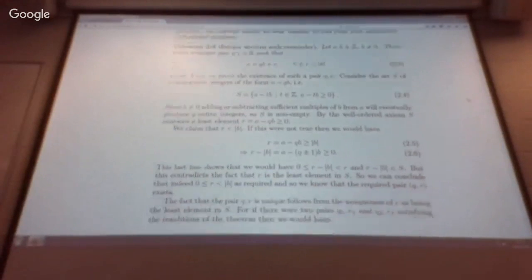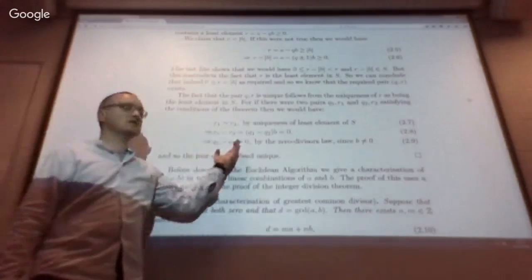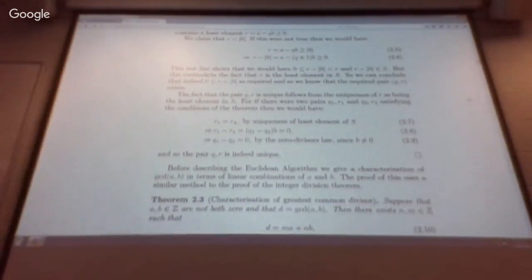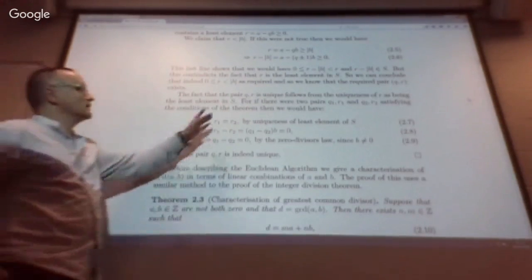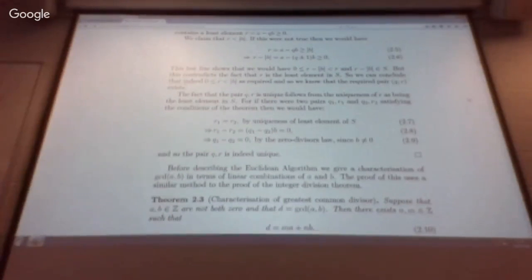Therefore, if we've got (Q1 minus Q2) times b equal to 0, the only way that can be true is if Q1 minus Q2 is 0, in other words, Q1 is equal to Q2. And so that gives you the uniqueness. There is only one pair, Q and R, which make this integer division process work.